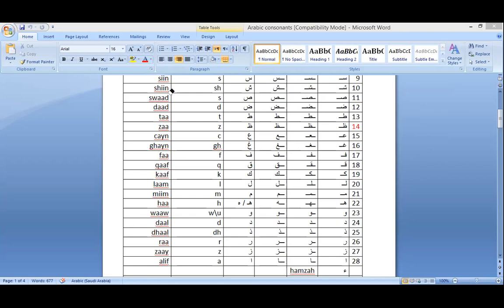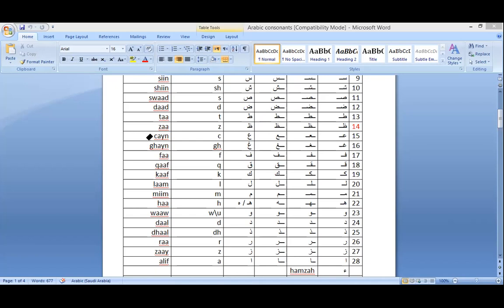That's good. Yes, Joseph. It's Alif, Ghain, Fa, Qaf, Kaf, Lam, Mim, then Ha, Waw, Dal, Dhal, Ra, Za, Alif. That's good. Yes, Mohammed Ahmed.